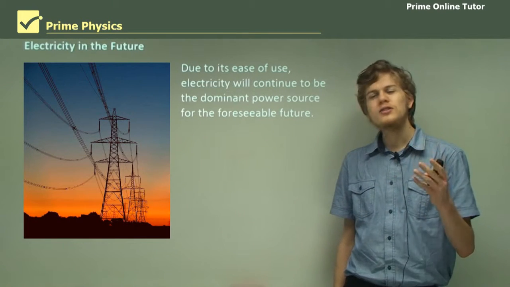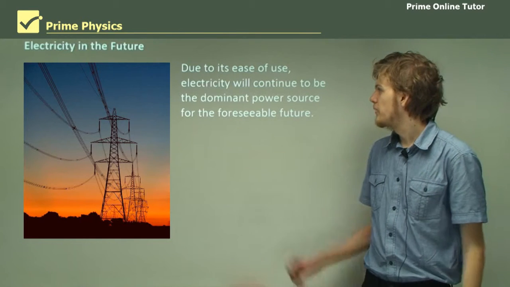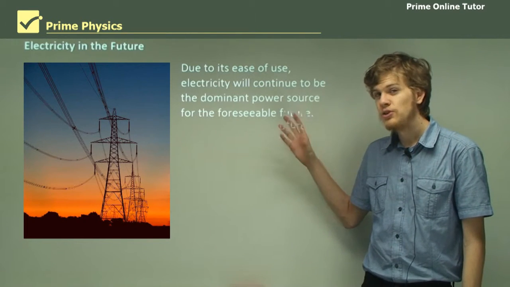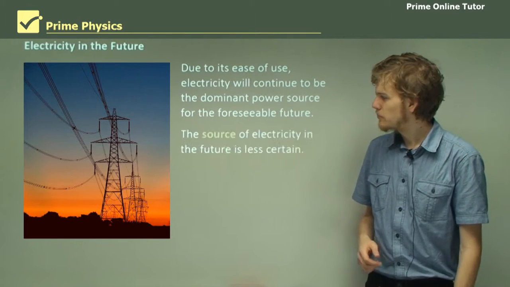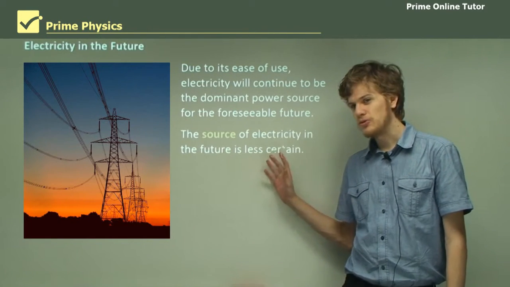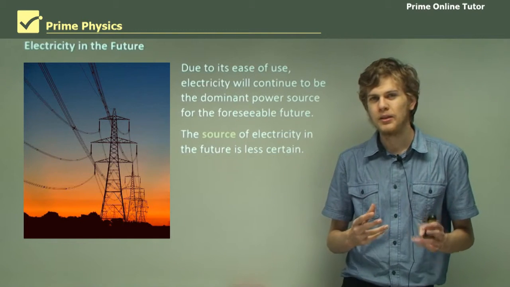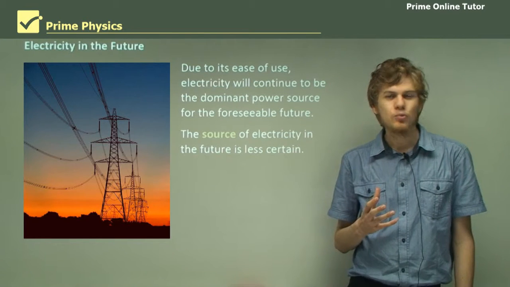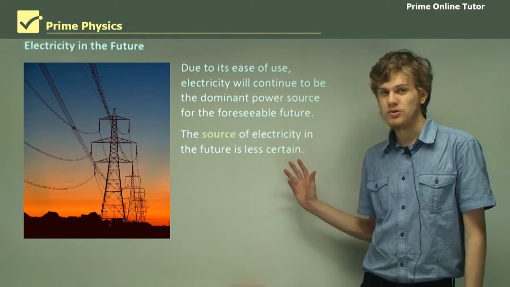Now, due to the ease of use of electricity, it doesn't look like we're going to stop using it anytime soon. It looks like it's going to continue to be the dominant power source for the foreseeable future. Now, the source of electricity in the future, that is where we get the energy from, is less certain. Remember, right now, we usually use coal power or nuclear power in order to generate electricity.